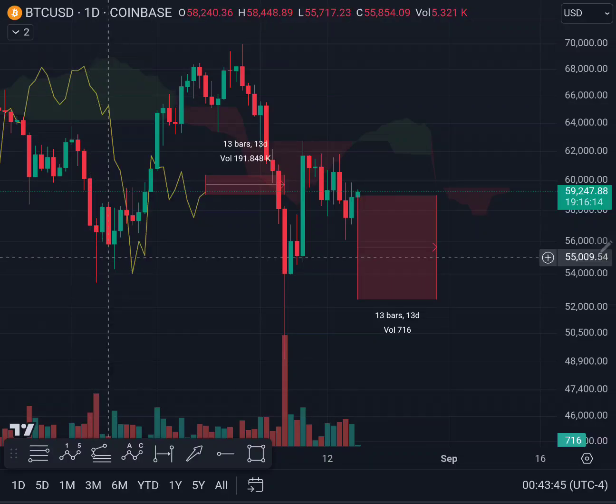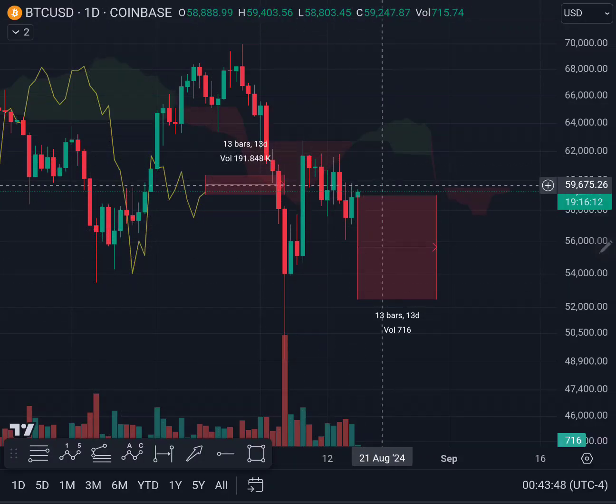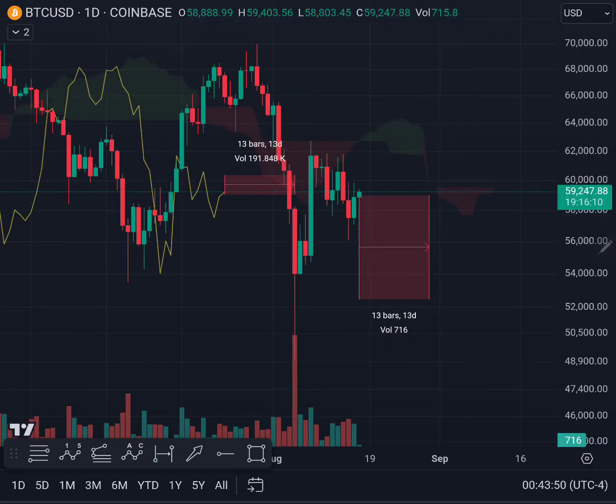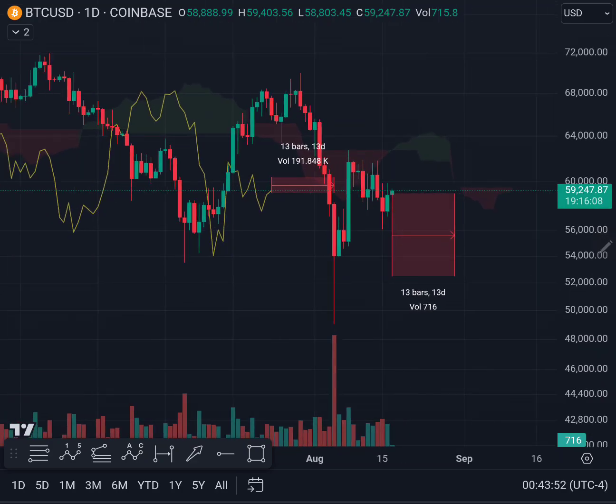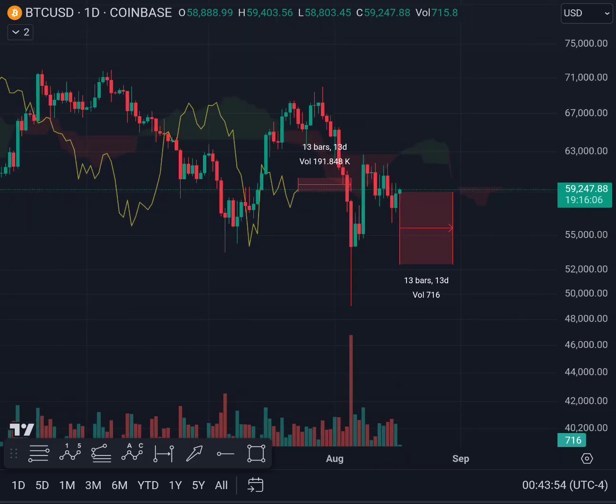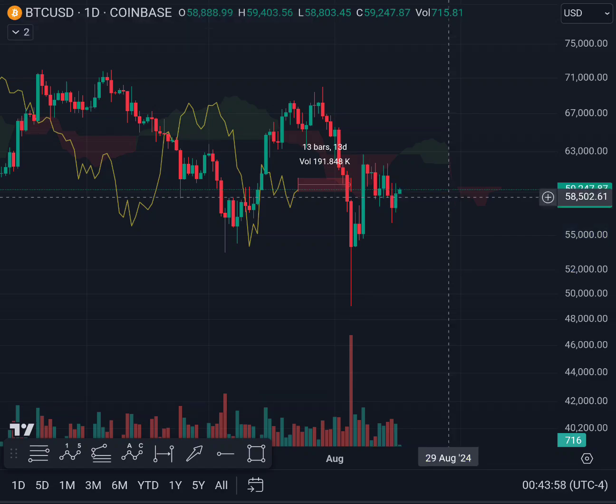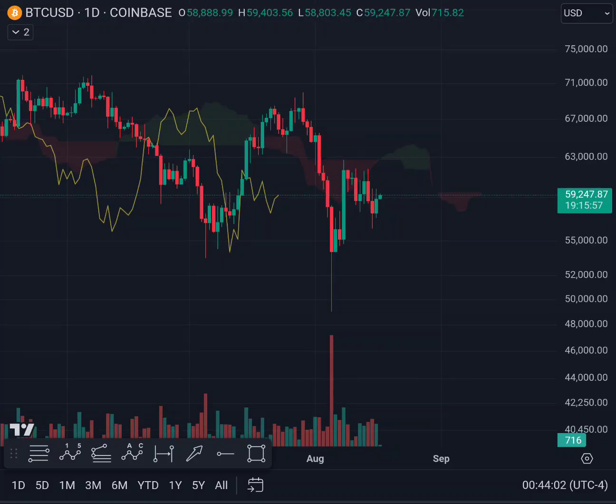It seems that the price likes to find the low at the beginning of every month. That may have something to do with BlackRock with their redemptions or whatever. They take in money for the ETFs, and they just whoosh price down at the beginning of every month to fill their bags or to convert those orders that they received.